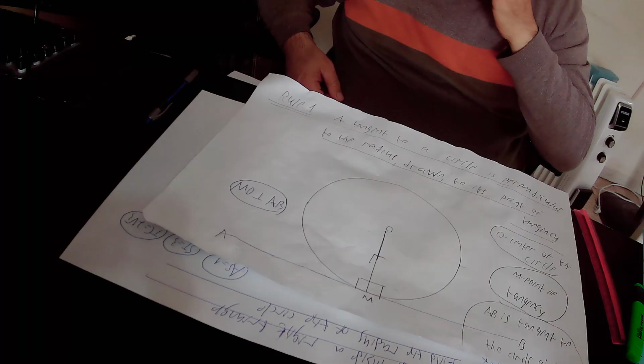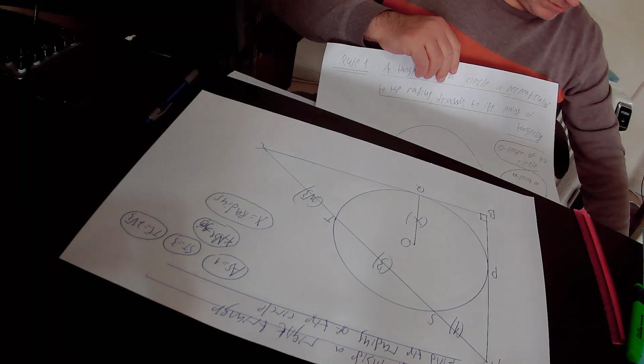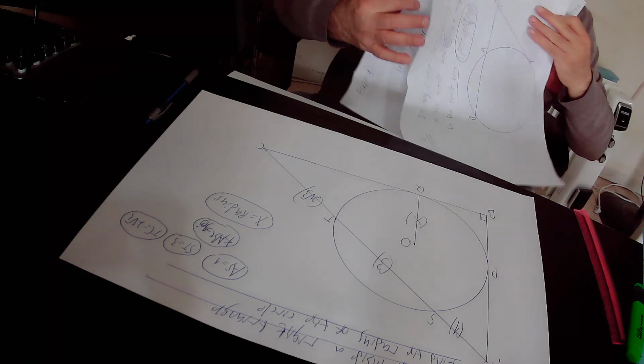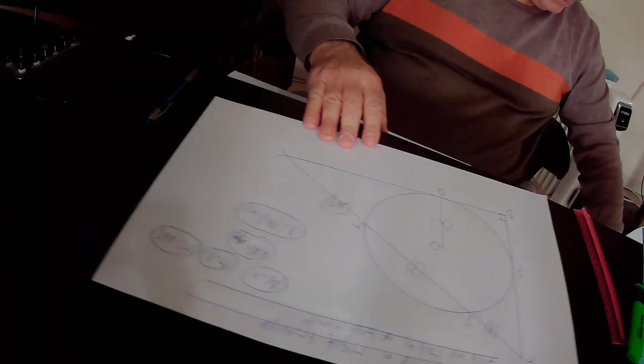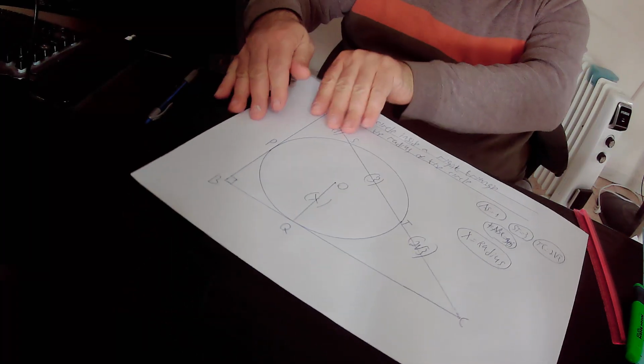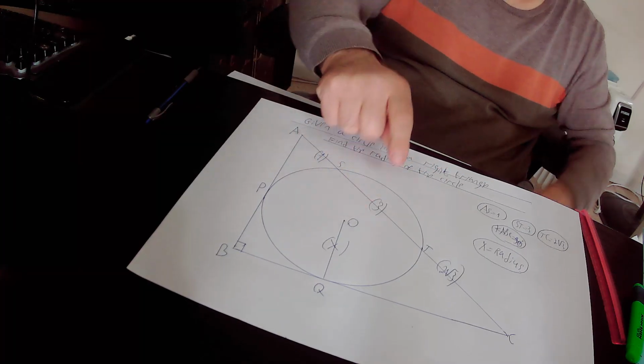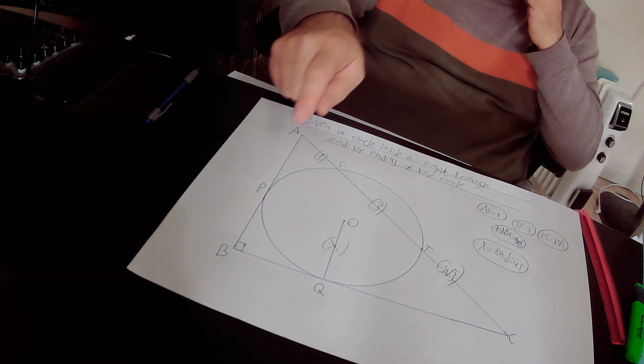We can actually implement rule 1 in our drawing. In our drawing we have the radius OQ that is drawn to point Q, that is the point of tangency of tangent BC with this circle.